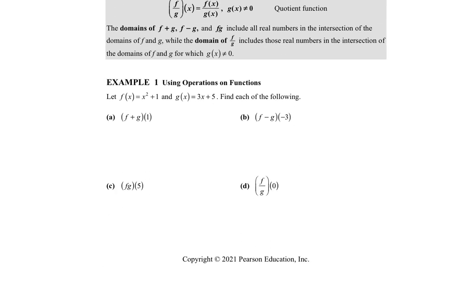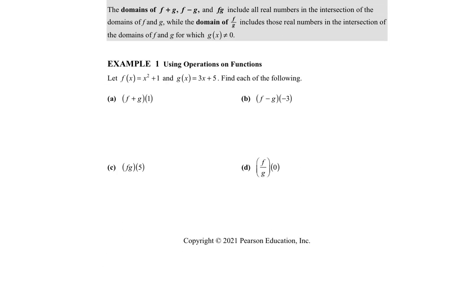So let's dive in here. It says to add. So f plus g of 1. All you're going to do is take f of 1 plus g of 1. So that's going to be 1 squared plus 1 plus 3 times 1 plus 5.